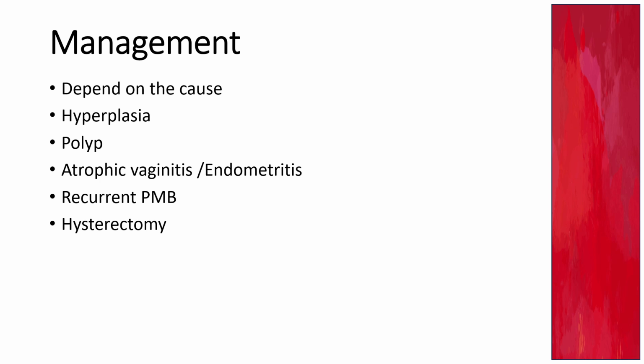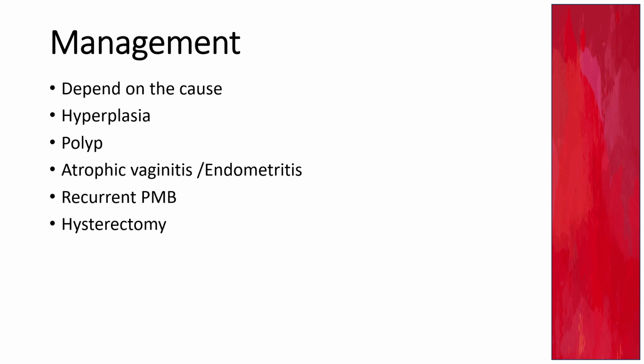Atrophic vaginitis or endometritis, which is the most common cause for postmenopausal bleeding, is due to lack of estrogen. So, estrogen should be supplemented either systemically or applied locally. Usually, local application will be sufficient, either as a cream or a pessary.